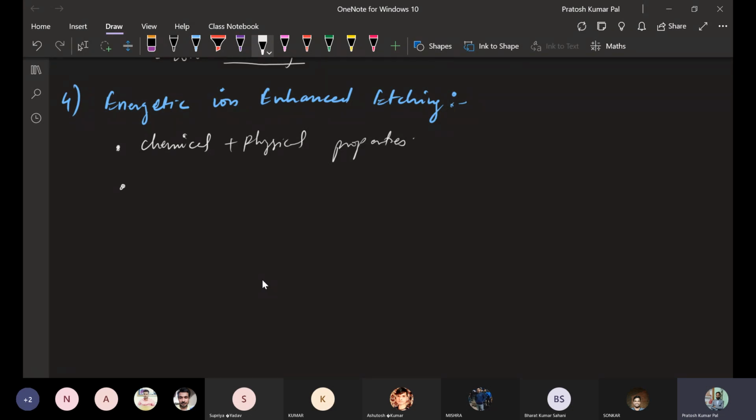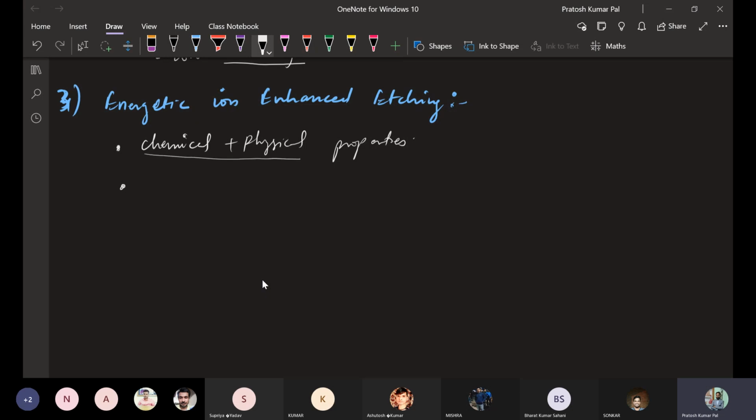Okay. So it is not like physically combining chemical and physical properties, but this method, the third one, not the fourth, will basically have the properties of chemical as well as physical type of etching.